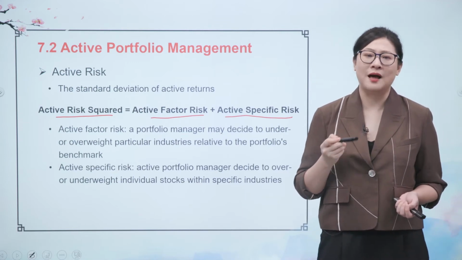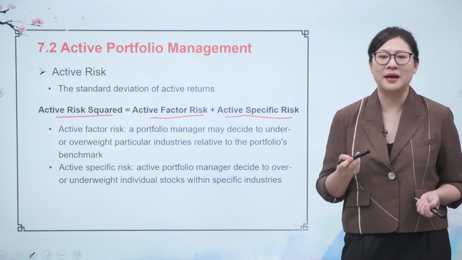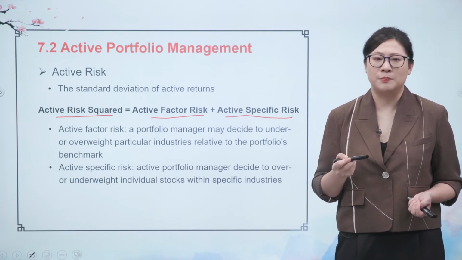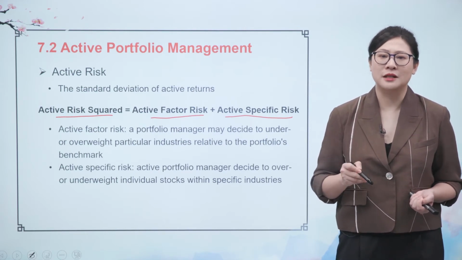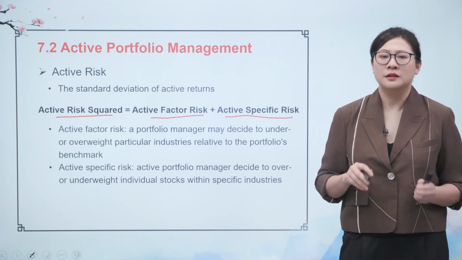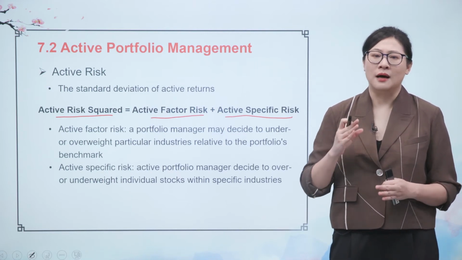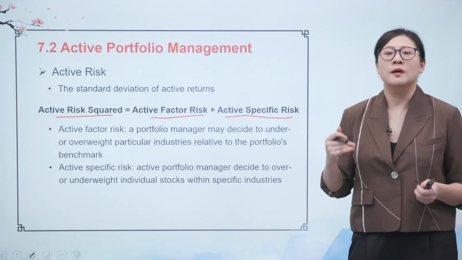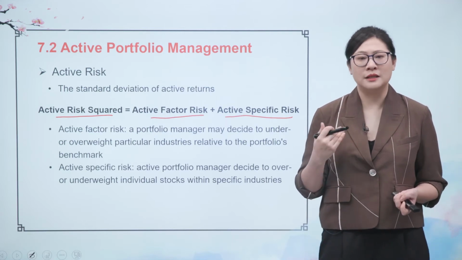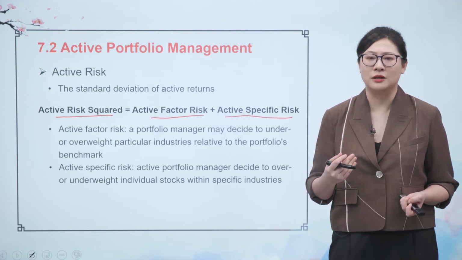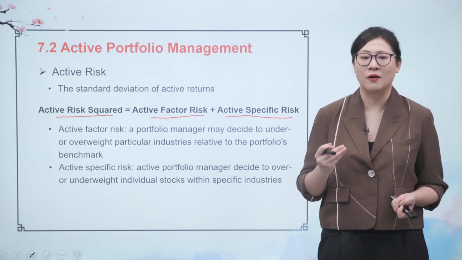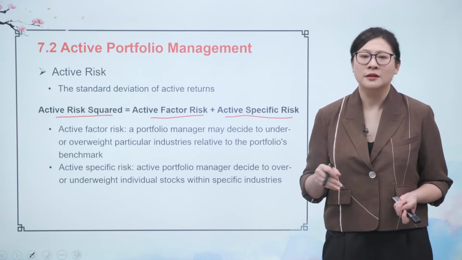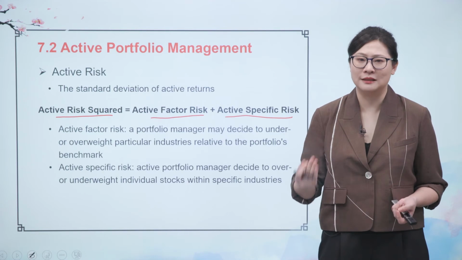The active factor risk arises when a portfolio manager decides to underweight or overweight a particular industry relative to the portfolio benchmark. So that depends on asset allocation. And the active specific risk arises when the active portfolio manager decides to overweight or underweight individual stocks within a specific industry. So that is security selection.